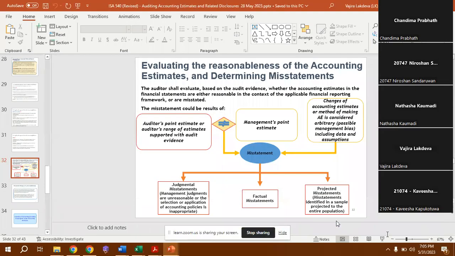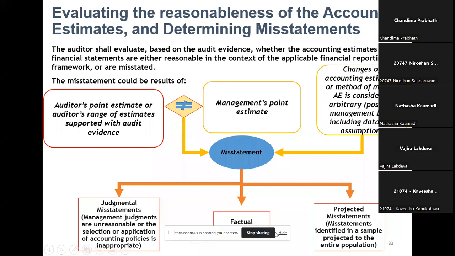Right. Under that standard, there are three types of misstatement: factual, projected, and judgmental. I will explain at high level. Factual misstatement means a misstatement where there is no doubt, which, if material, needs to be addressed by management. As an example, we have done our cutoff testing on revenue and identified a cutoff error.